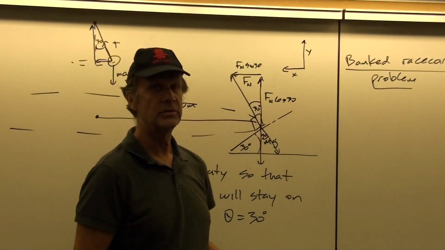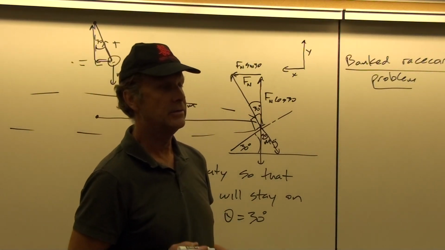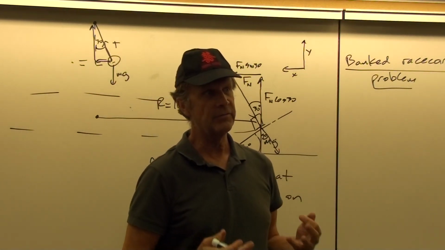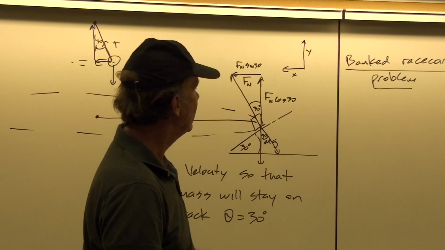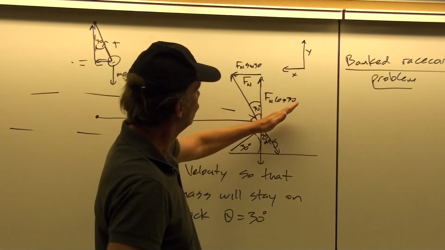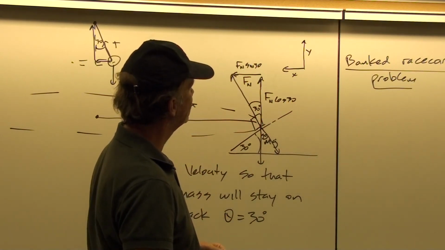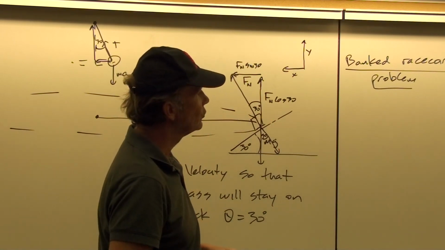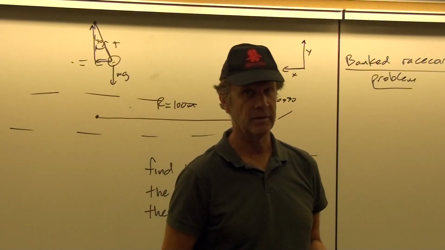The fact that we're doing a centripetal force problem trumps everything else that we were doing before with changing the coordinate system to be aligned with the incline, because we have to make the positive direction toward the center of spin.